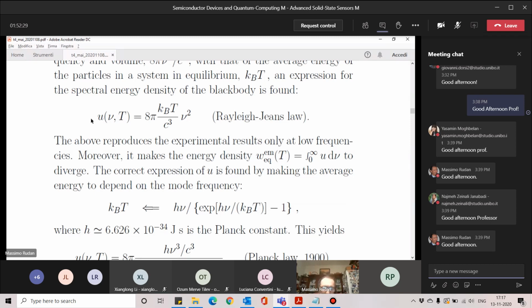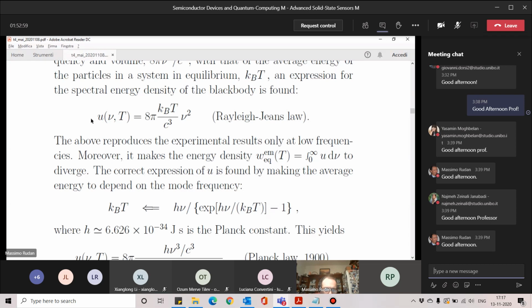And the idea was that ascribing the same average energy kT to each frequency is too strong. It doesn't work, okay? Doesn't make any sense. We would expect that the average energy of the mode at some frequency should also depend on the frequency itself, okay?